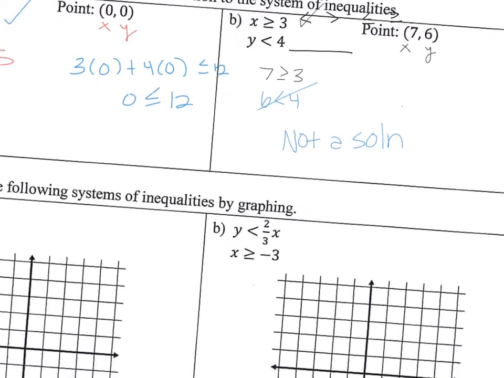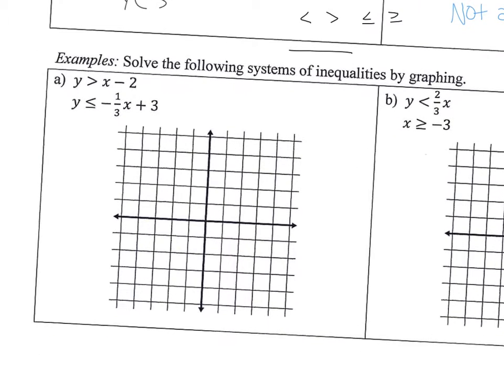Okay, then at the bottom, solve the system of inequalities by graphing. You can have a system of inequalities, which means there's more than one inequality, and where the shaded regions overlap is going to be your solution. There's going to be an infinite number of solutions. I'm going to graph the first line in red. y is greater than x minus 2.